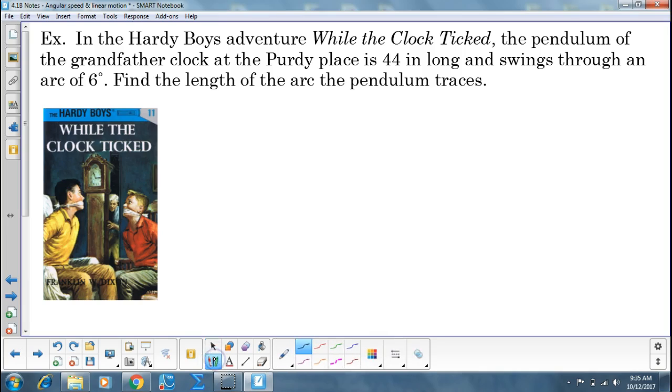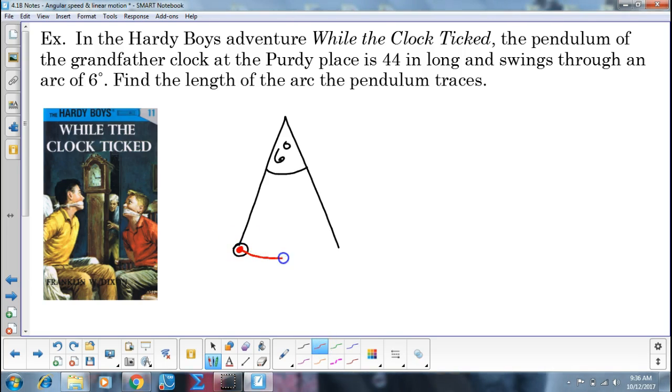So that's a 6-degree angle right there. So I need to find that distance, given the fact that this is 44 inches long. Okay?